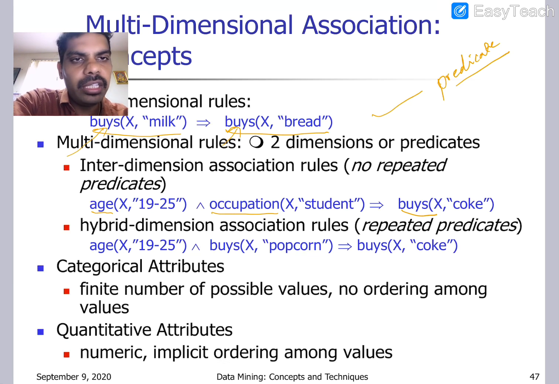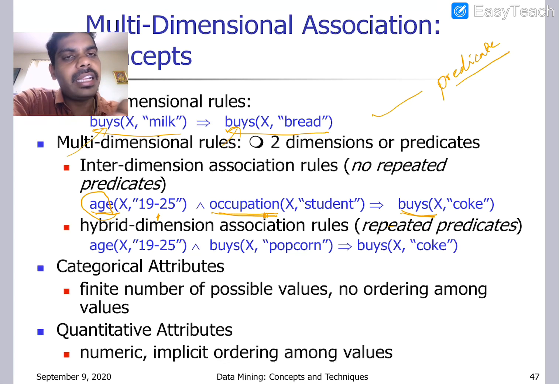Age of X is 19 to 25 and his occupation is student, then there is a chance of buying Coke by X. The person aged between 19 and 25 who belongs to the student community may buy Coke. Age, occupation and buys are each a dimension.